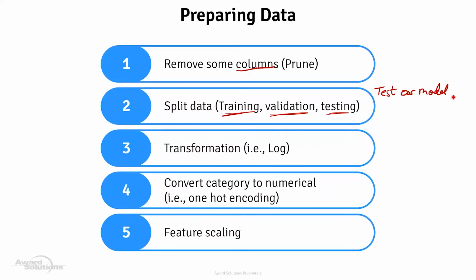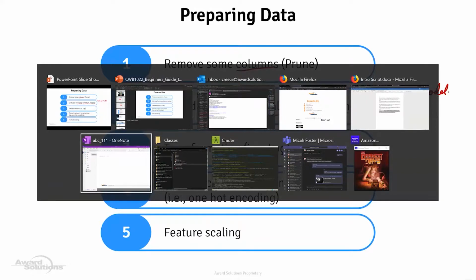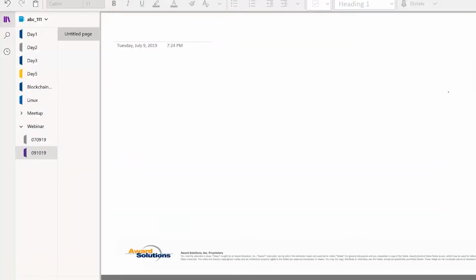Now let me take a step back. If you're familiar with what we're talking about with respect to artificial intelligence, there are three basic types of machine learning models that we can build, or three different machine learning approaches we can take.